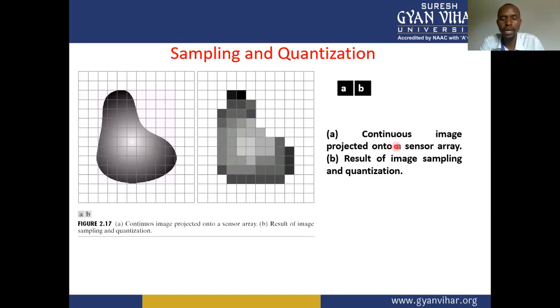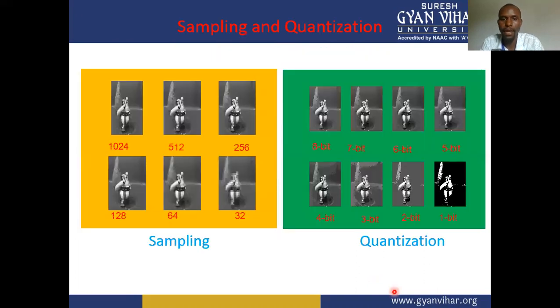So A is a continuous image projected to a sensor array, while B is the result of image sampling and quantization. Now, we have this image using sampling as well as quantization. Keep in mind, sampling refers to coordinate values, while quantization refers to intensity values.